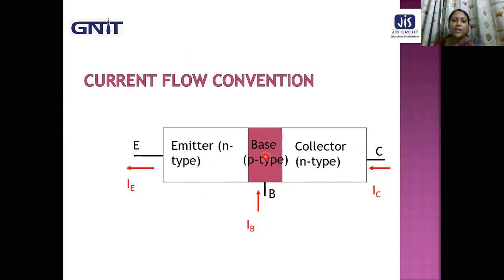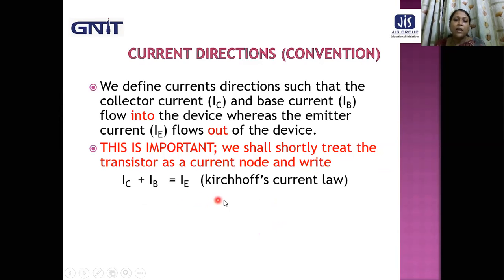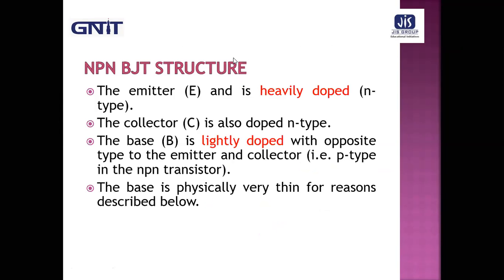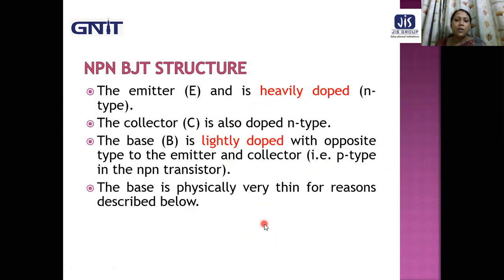If we apply KCL at this node, then IC plus IB equals IE. That is written over here. So it is already mentioned that the emitter is heavily doped, the collector moderately doped and the base lightly doped. The base region is very thin.